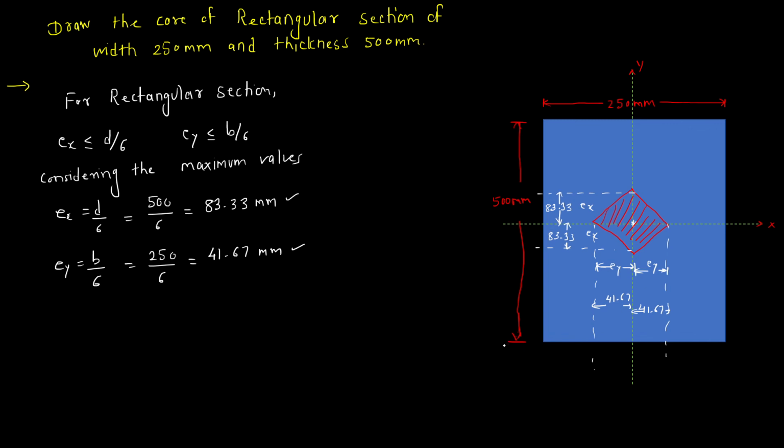So now we have shown all the values here. This represents the core of rectangular section. If there is no space to write these values in mm, you can write here in bottom that all dimensions are in mm.